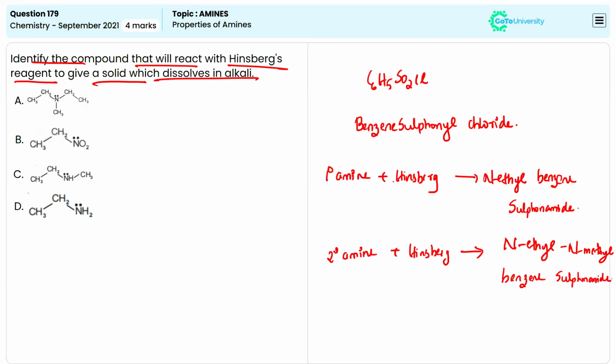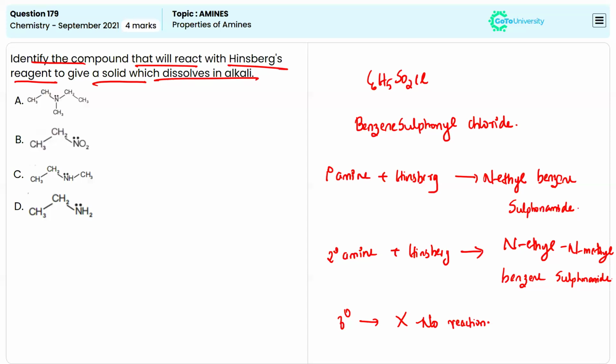Okay, so these are the types of reactions, and if you take tertiary amine, there is no reaction. Primary amine reacts with Hinsberg reagent and produces N-ethyl benzene sulfonamide. Secondary produces N-ethyl N-methyl benzene sulfonamide, and tertiary there is no reaction.